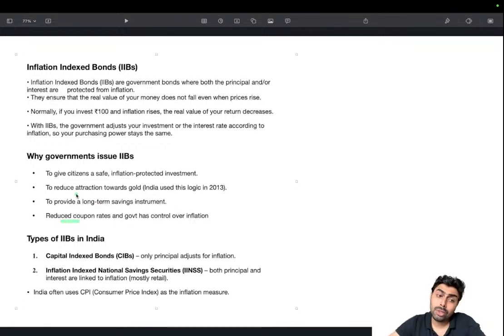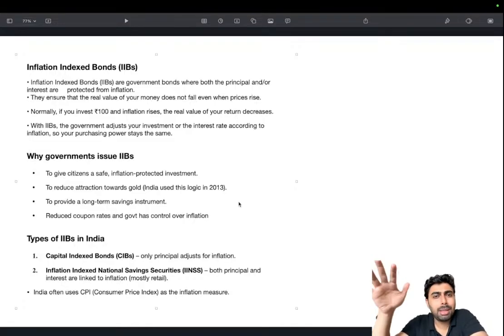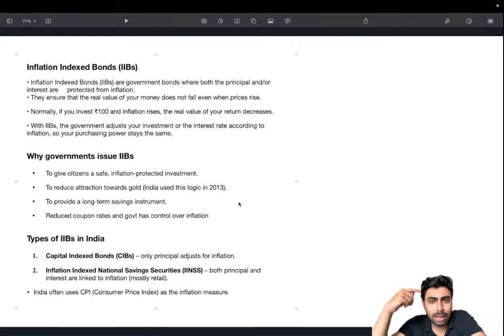Then actually, this is also one thing. Government is using inflation index bonds to reduce attraction towards gold, because if people are buying gold and it will be sitting idle at their homes, that's not doing any actual economic purpose. Government is trying to woo those buyers of gold, because people buy gold as an investment.